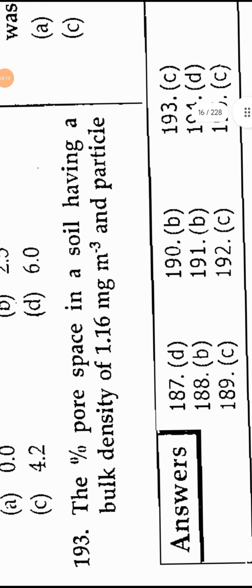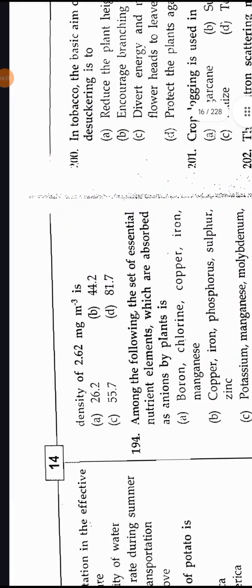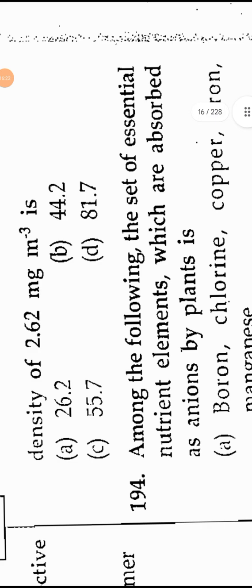The percentage pore space in a soil having a bulk density of 1.16 mg per meter cube and a particle density of 2.62 mg per meter cube is option C, 55.7.